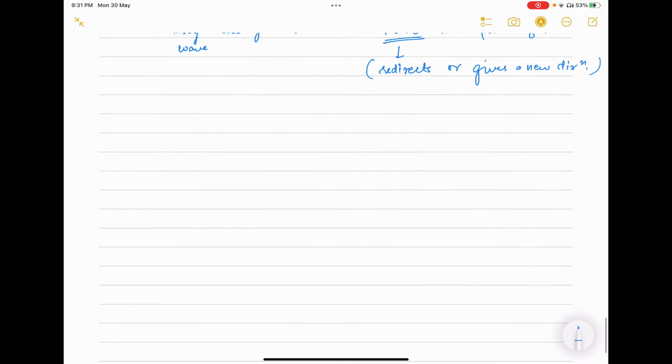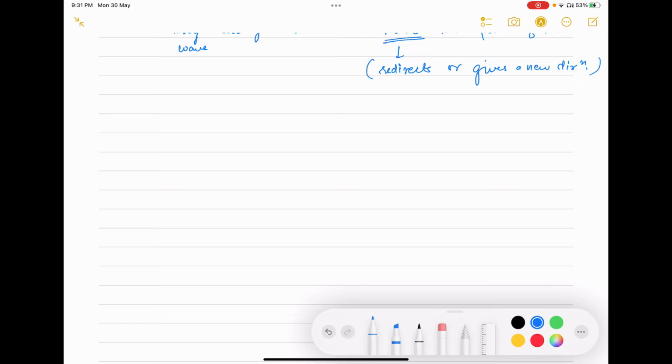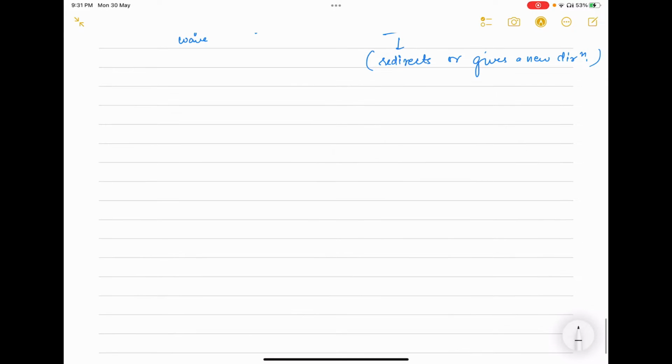So, what is the bare minimum thing that we need to witness diffraction or interference?